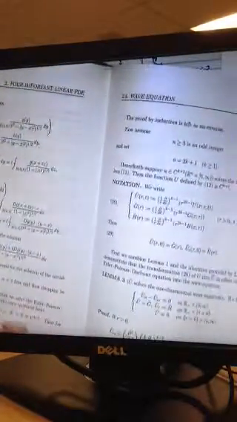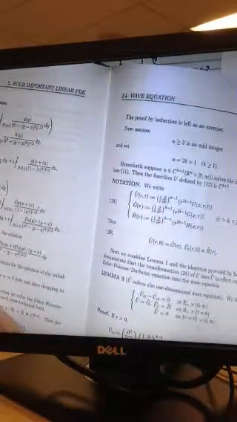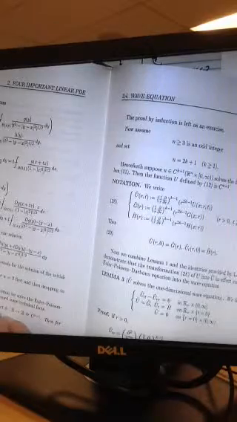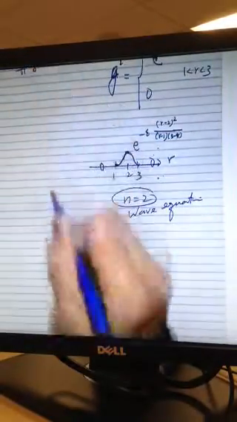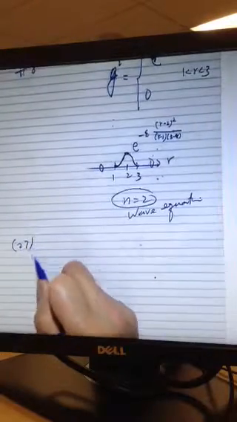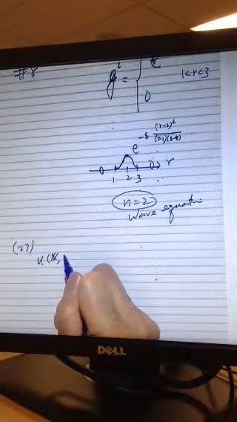Oh, it's this formula: u(x,t) equals 1/2, again, this average. So this is number 8, right? Formula 27 tells us u(x,t); we just follow it.